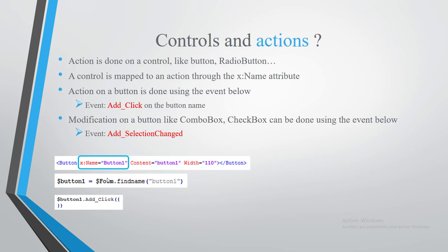With a control like a combo box or checkbox, for instance, you can also use the event add_SelectionChanged like this to add an action when the control changes. For example, if you check or uncheck the checkbox, it will apply a different action.